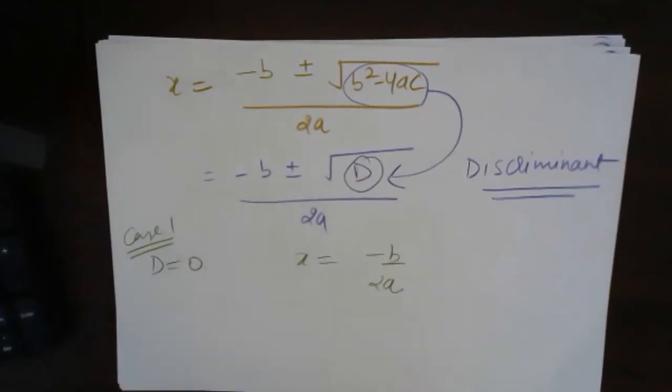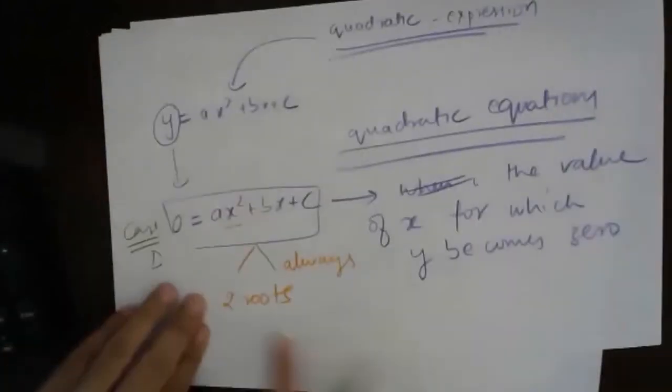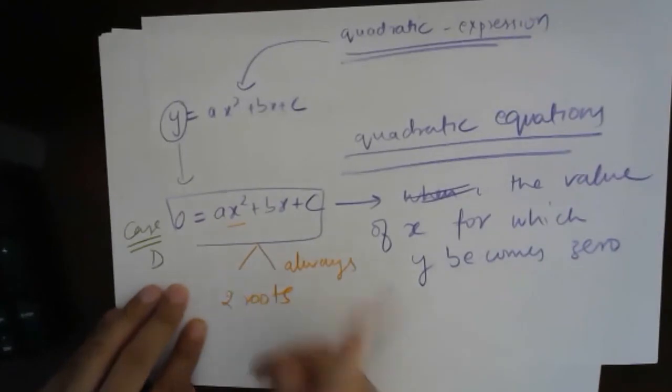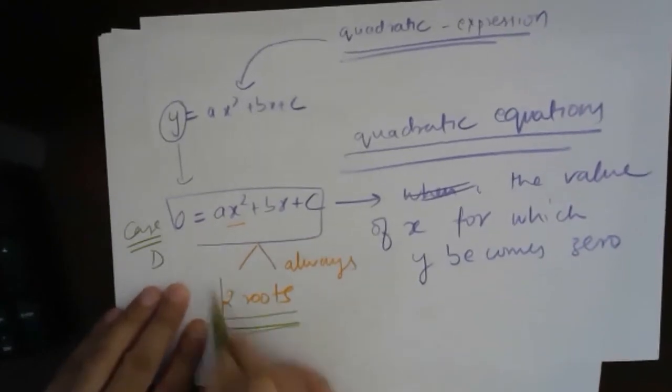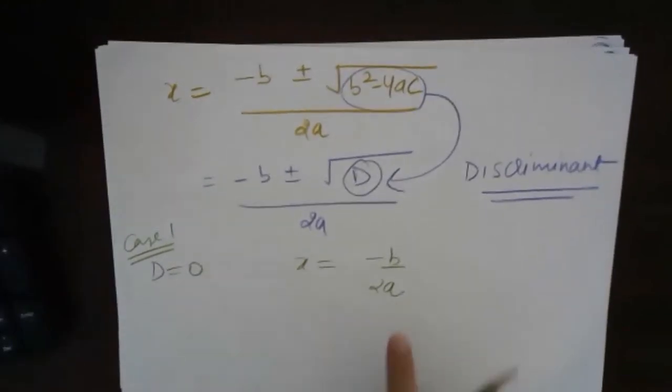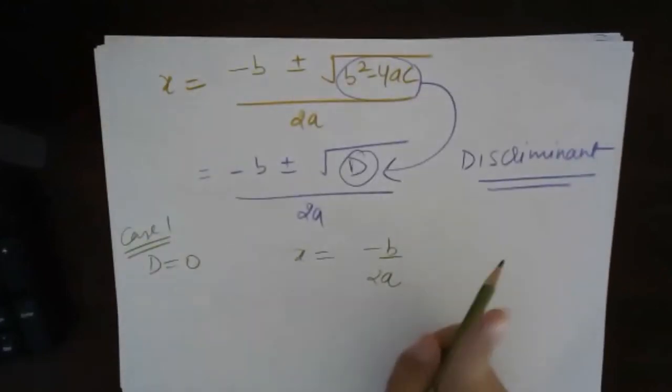That means, and see, I have told you that a quadratic equation will always give you how many roots? Will always give you two roots, right? But sir, here what are we getting? We are only getting minus b by 2a, only one root.